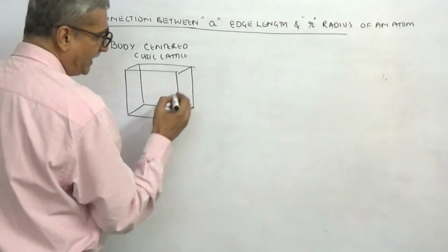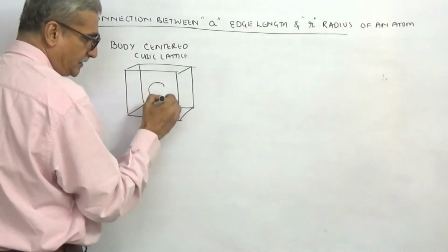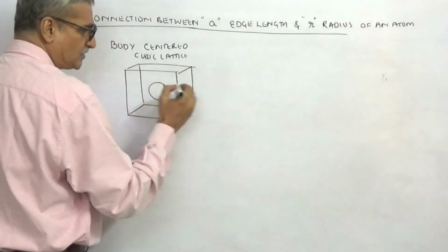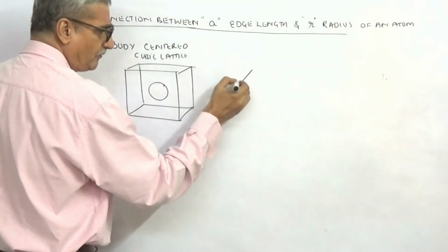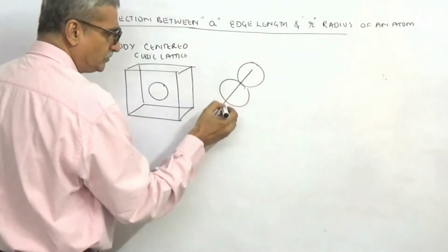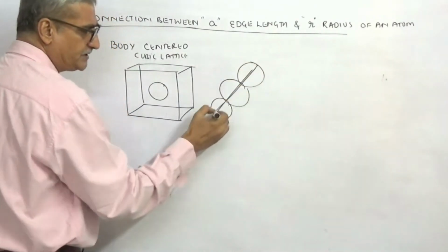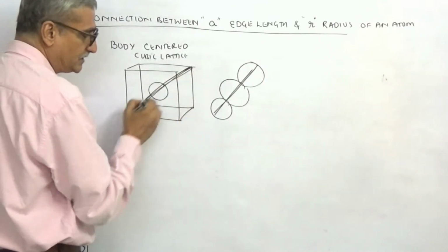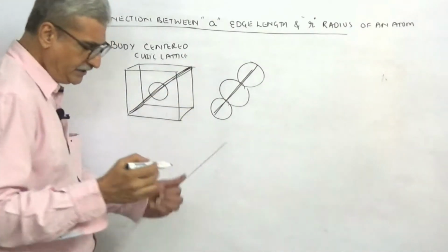You have an atom in the center of the body. So these three atoms, 1, 2, 3, with the center of the body, are in one line. Understand that.